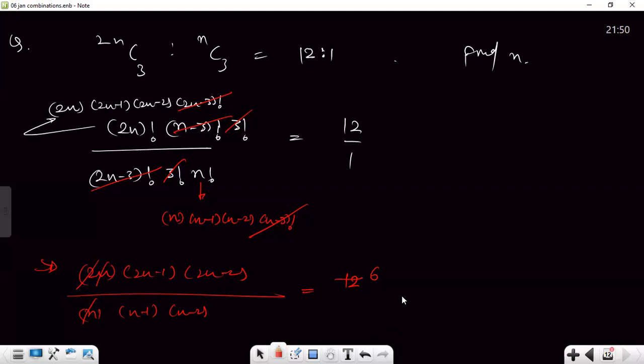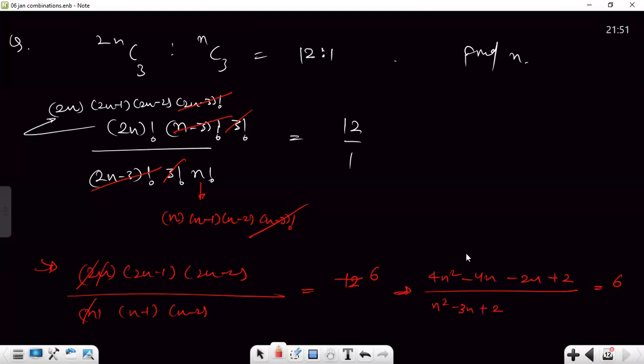Okay. So this can be further written as (2n minus 1) into (2n minus 2). Let's expand the quadratic equation. So this will become 4n square, minus 2n minus 4n plus 2, divided by (n minus 1) into (n minus 2), so n square minus 3n plus 2, is equal to 6.